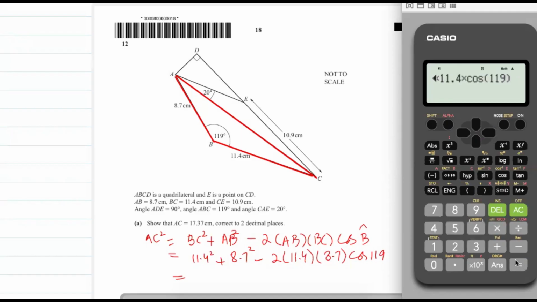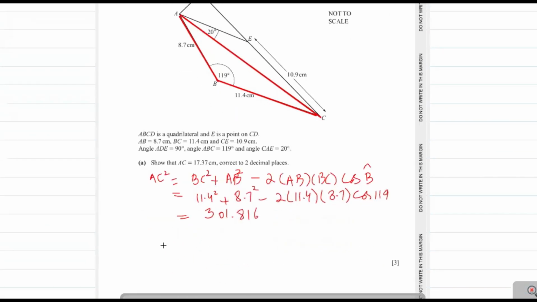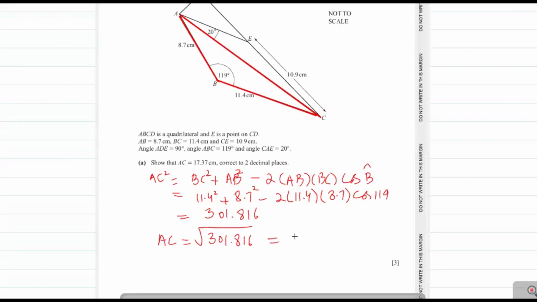This will be equal to 301.816. To calculate the value of AC, we will take the square root of this value, and the square root will be equal to 17.3728.